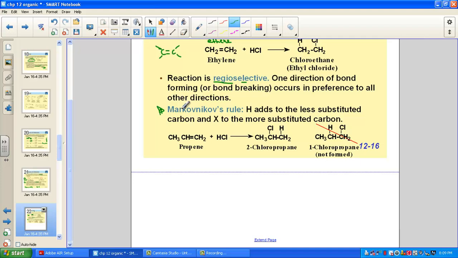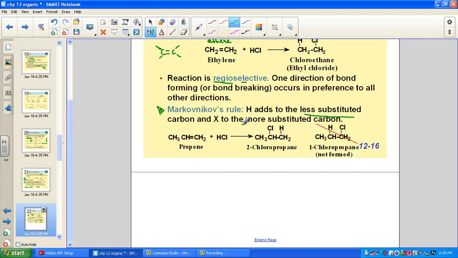Markovnikov's rule, it's a fun name. Say it quickly, Markovnikov's rule. Hydrogen adds to the less substituted carbon and X to the more substituted carbon.